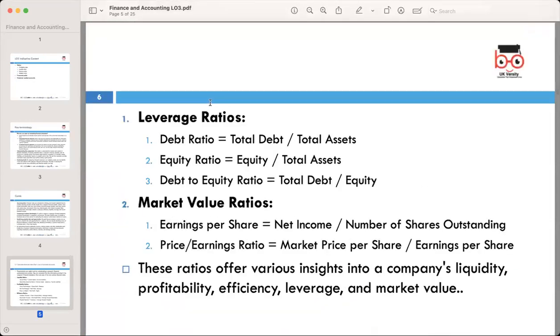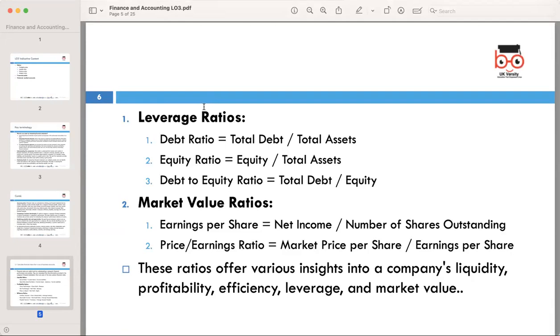Okay, so now leverage ratios. The first one is the debt ratio, which tells us the proportion of a company's total debt compared to its total assets.